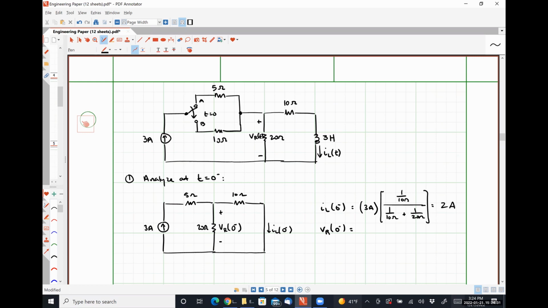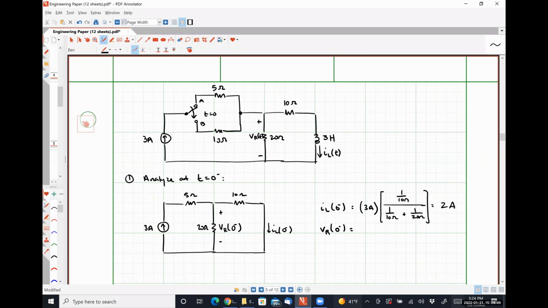So the voltage drop across the 10 ohm resistor is the same thing as the voltage drop over the 20 ohm resistor because they're in parallel, right? So 2 amps times 10 ohms absolutely works.